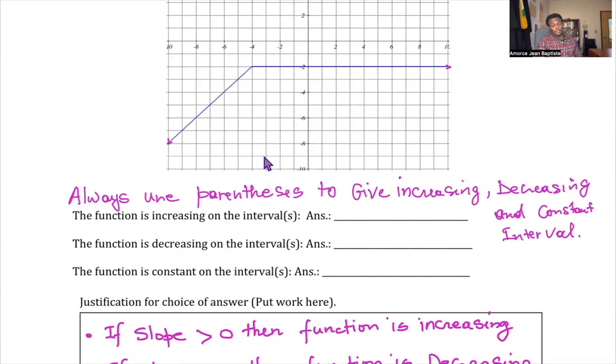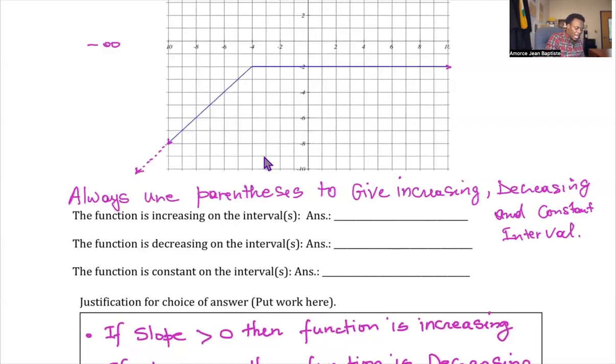Always remember that. Okay. So now remember this keeps going. So that's negative infinity for x.